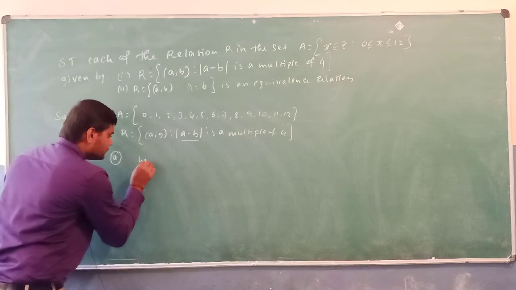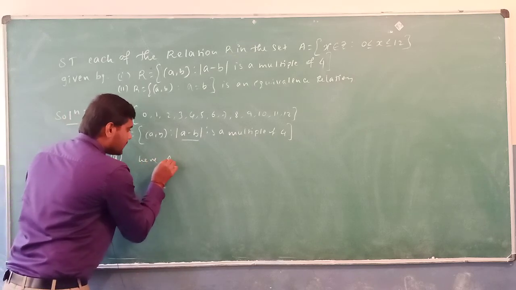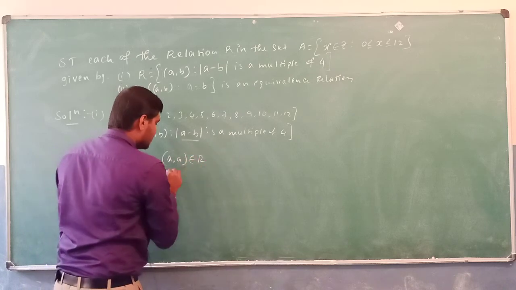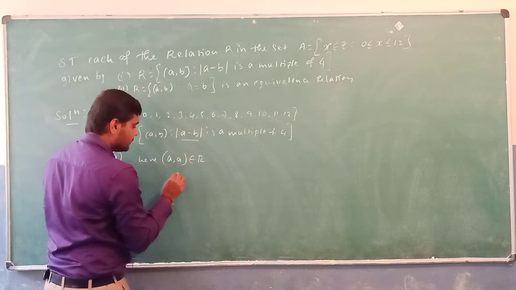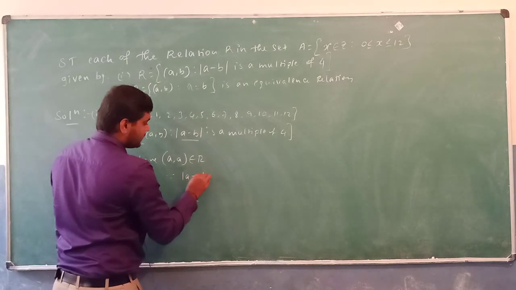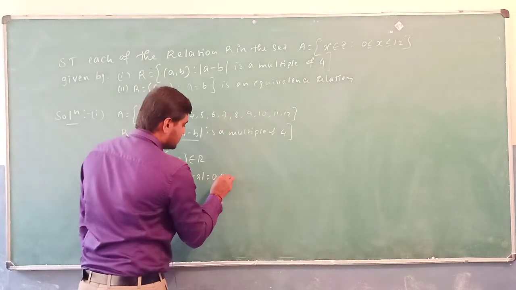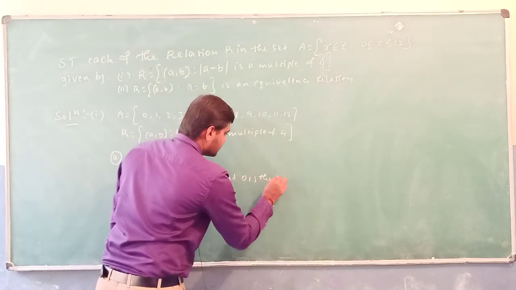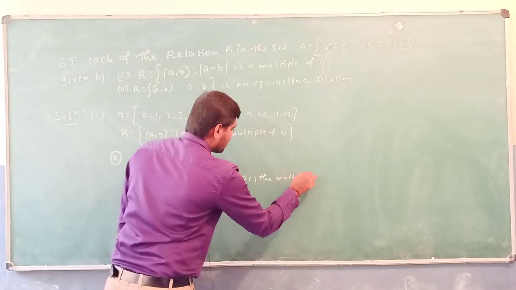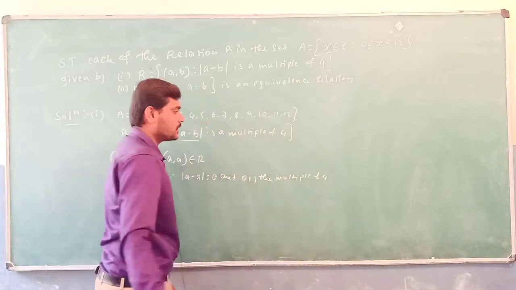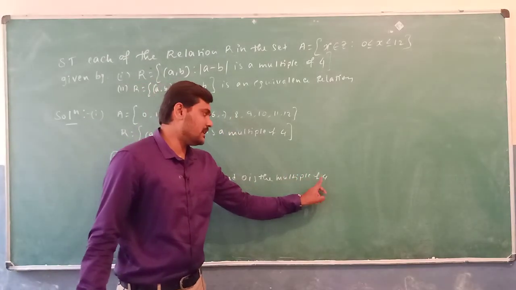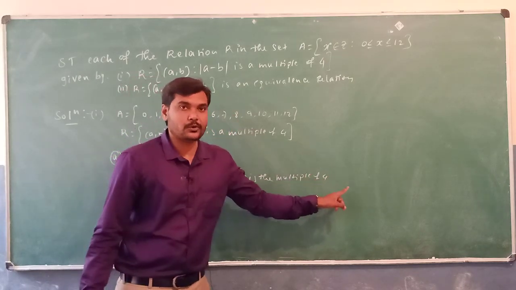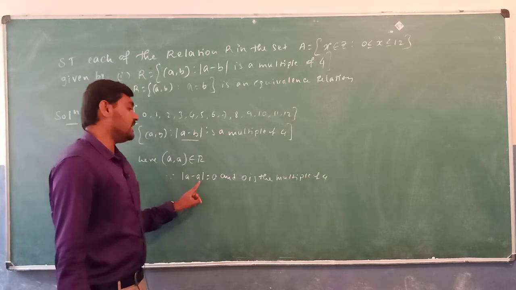Then (a, a) belongs to R because modulus of a minus a is equal to 0, and 0 is a multiple of 4, since 4 into 0 is 0.